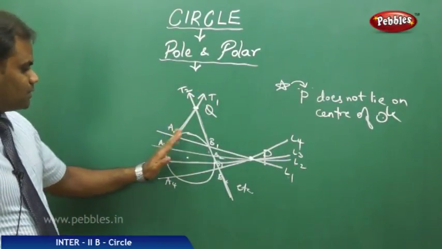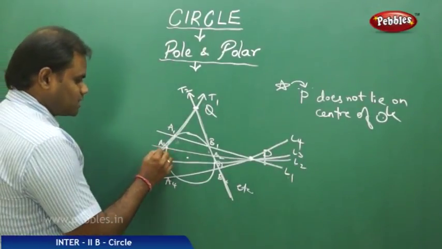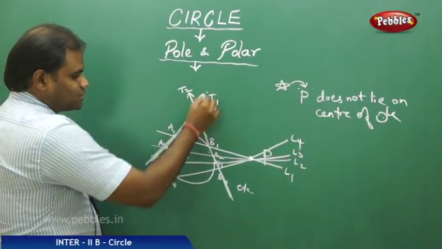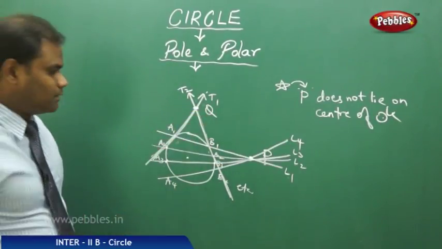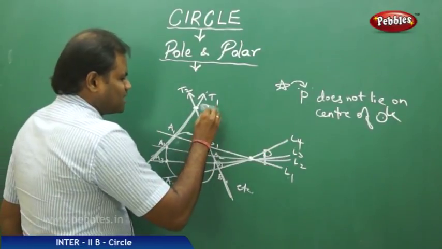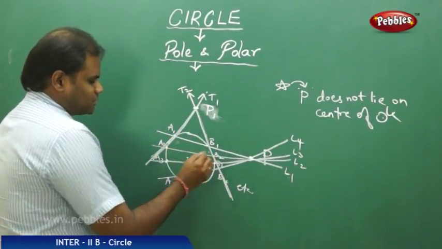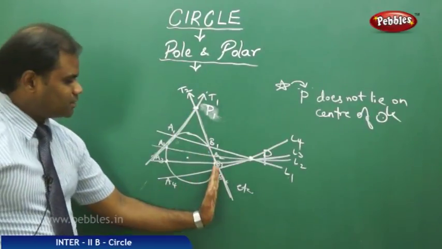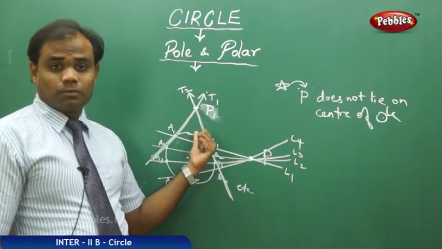Now different tangents intersect at different points. Say for A1 the tangent is T1 and for B1 the tangent is T2, which intersect at, let me say, P1. The tangent at A2 which I draw here and the tangent at B2 which I draw here again intersect at another point, say P2.